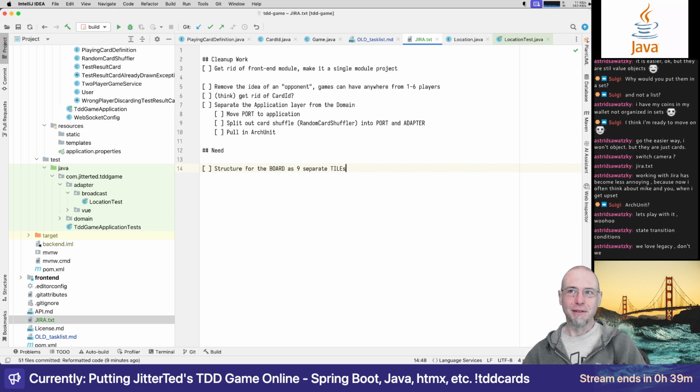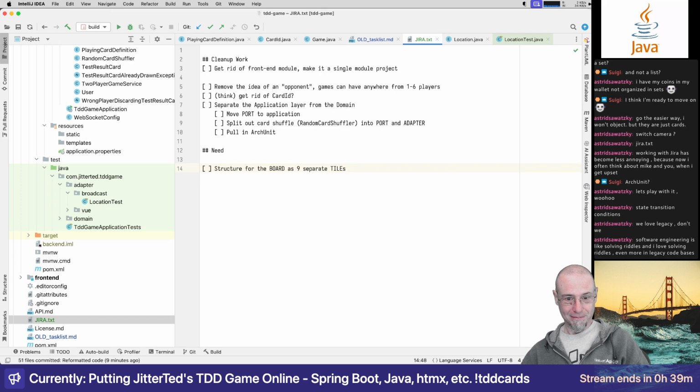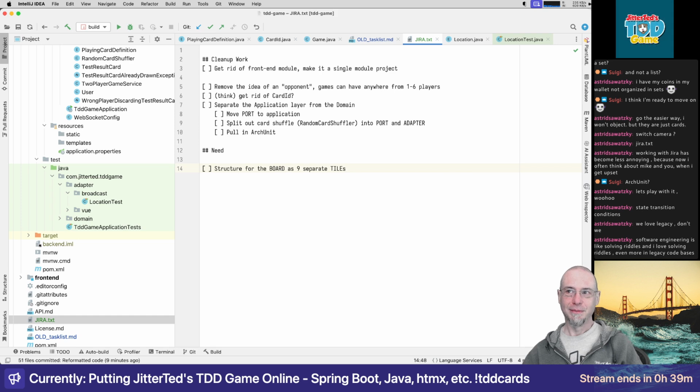Tile would have been a better name than location, but when I wrote this, I didn't have the physical version. But tile is certainly the appropriate word. Yes, there's definitely solving riddles or puzzles that we love. Yeah.